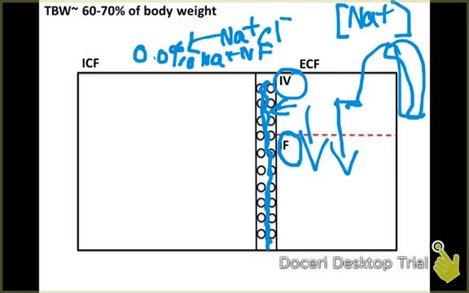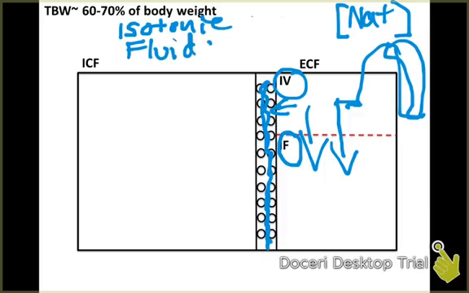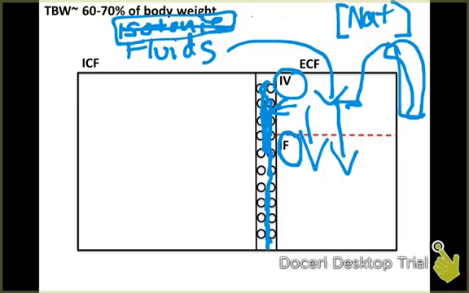And the reason we do that is because that is what we call isotonic fluid. And by giving isotonic fluids into the intravascular space, it stays here and doesn't cross the membrane because there's no gradient to pull it across this membrane. It's going to stay in the intravascular space because it is an isotonic fluid. Okay?